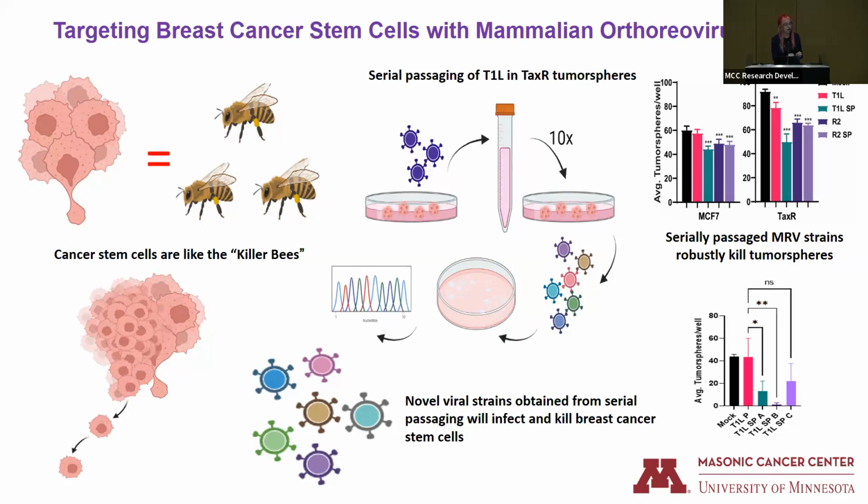Oncolytic viruses are promising therapeutic interventions due to their tumor selectivity, ability to induce immunogenic cell death, and their potential to be used in combination therapy. We anticipate that in the future, oncolytic viruses could enhance patient outcomes and ultimately reduce the risk of breast cancer recurrence. Thank you.